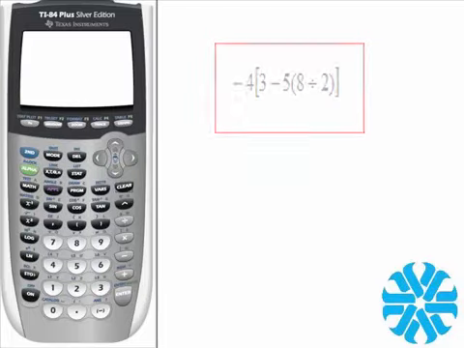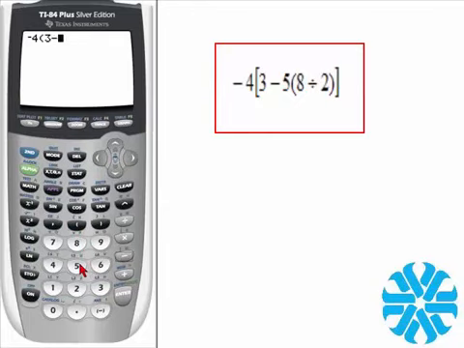In our first example, we're going to compute -4 times the quantity 3 subtract 5 times the quantity 8 divided by 2. So let's take a look at that. That's -4 multiplied by the quantity, so we need a left-hand parenthesis, 3 subtract 5 times the quantity 8 divided by 2.